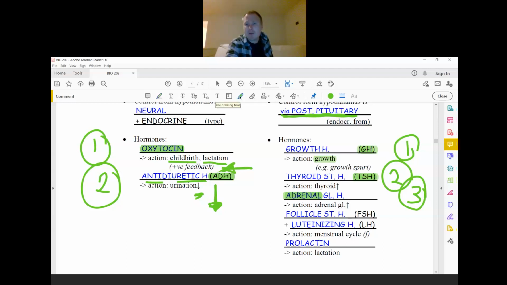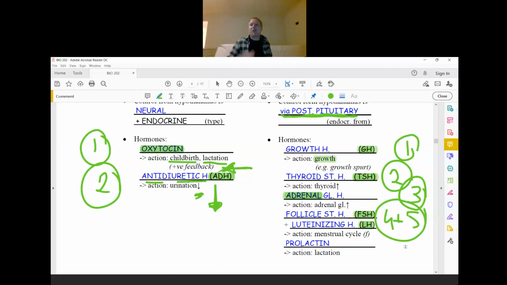Two hormones that I've grouped together here, fourth and fifth if you wish, are follicle stimulating hormone and luteinizing hormone. These two hormones are especially relevant to us when we look at the regulation of especially the female menstrual cycle. And that's going to be the last two chapters of this course.